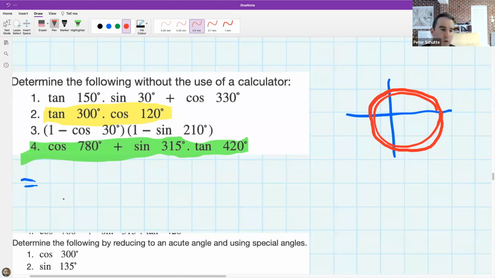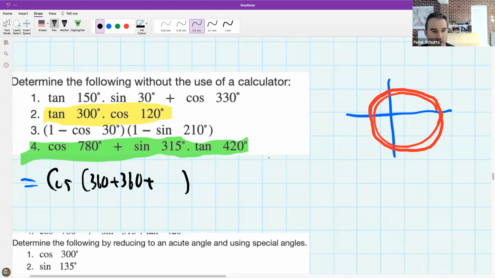Okay, so one way of thinking of it is cos of 360 plus 360. What's the last little bit going to be to get 780? It's going to be 60. So if we were visualizing that, it would end up in quadrant number 1. Would you be okay with that, if it was 60 degrees in quadrant 1?